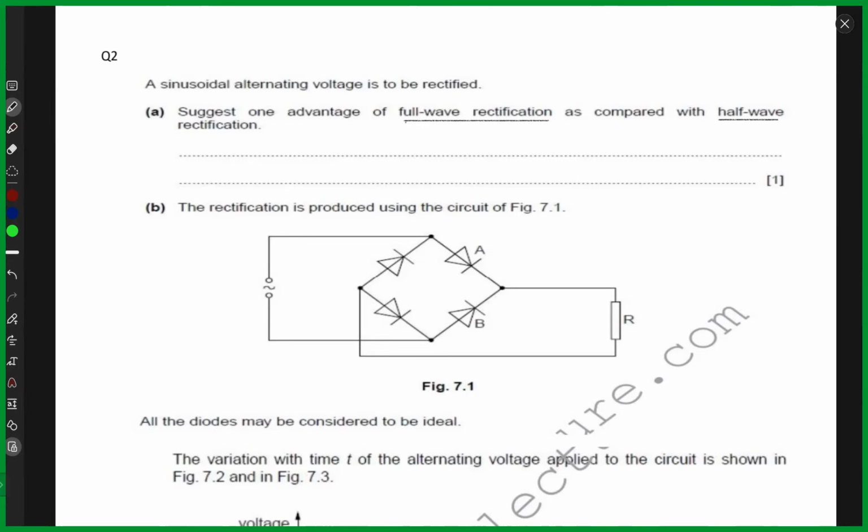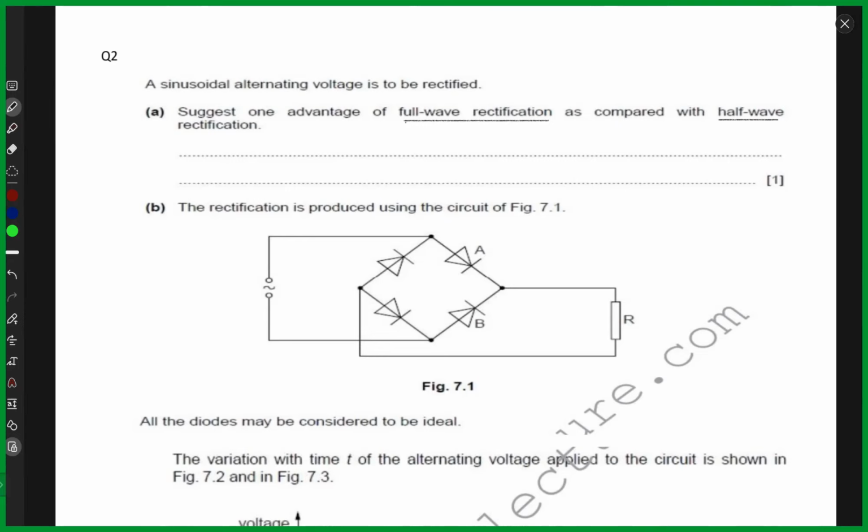There was less loss in potential, right? Compared to half wave rectification. Do you remember? Right. So what does that mean?